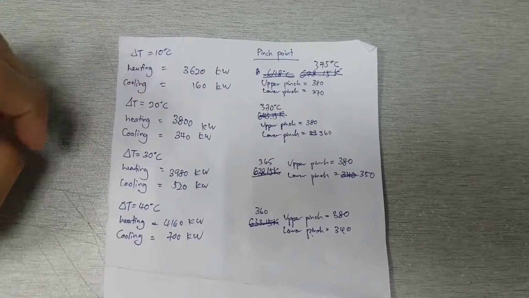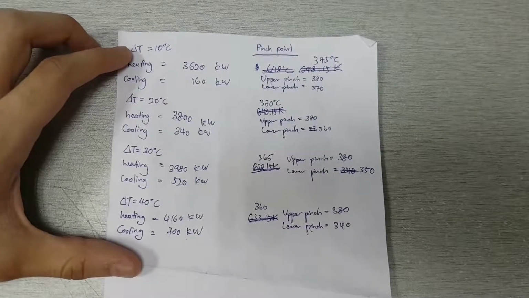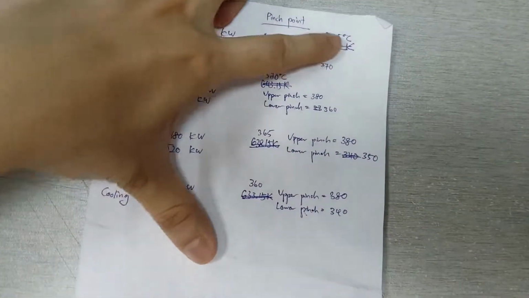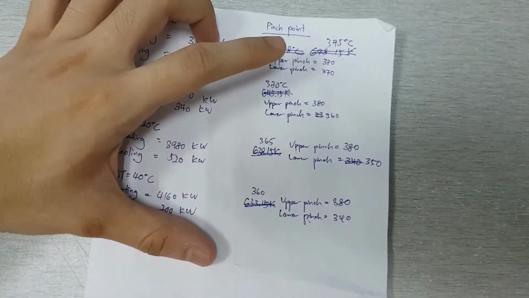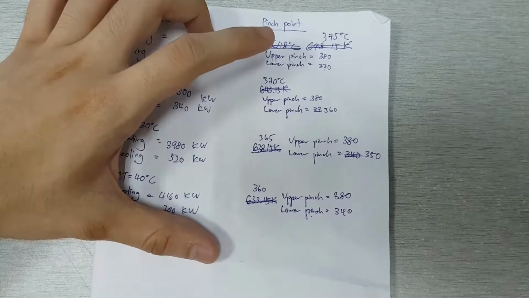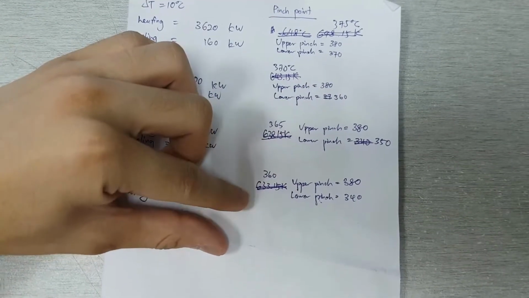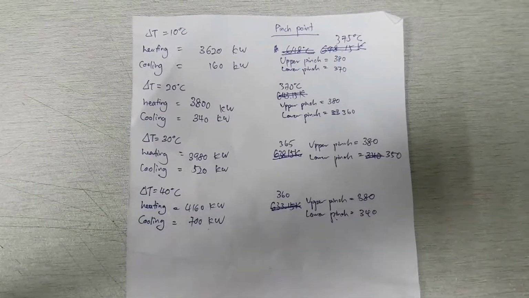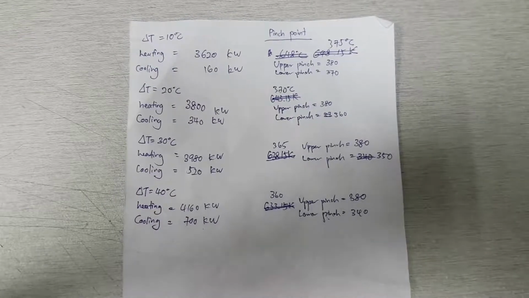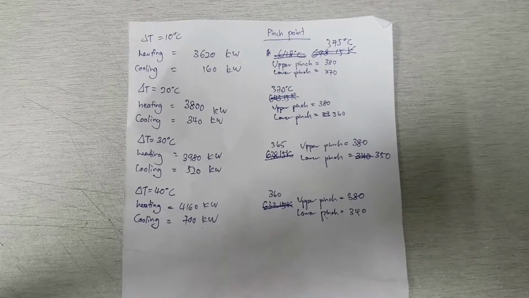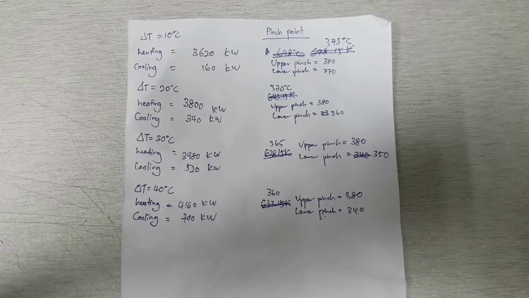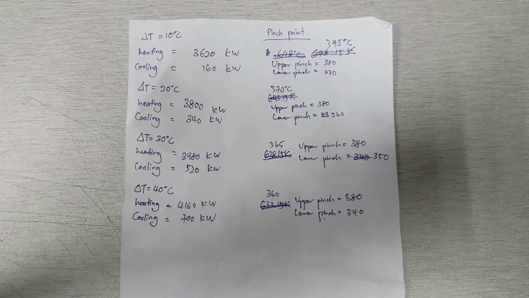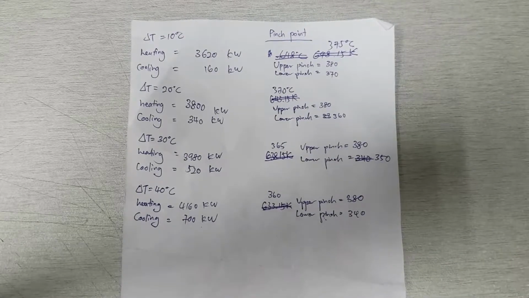And we also observe that when we increase the delta T min from 10 to 40, the pinch point decreases from 375 degrees to 360 degrees. So after carrying out pinch analysis at different delta T minimum, we suggest that delta T minimum equal to 10 degrees will be the best delta T minimum because it gives the least heating and cooling utilities compared to other delta T minimum.